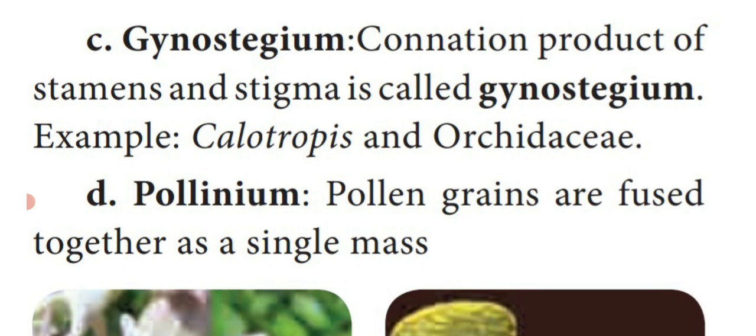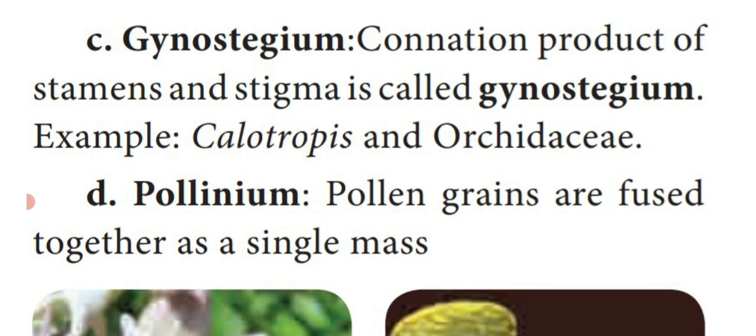Example, Calotropis and Orchidaceae family members. Calotropis means erkambu. In this Calotropis flower, the stigma of a gynoecium is adnate with stamens. That is said to be gynostegium.